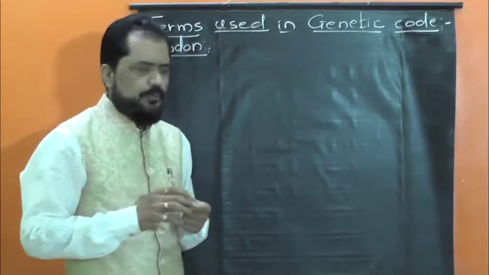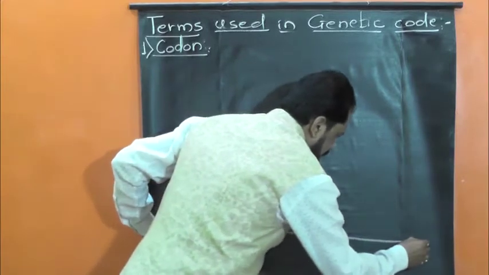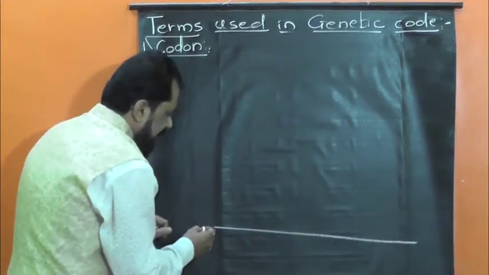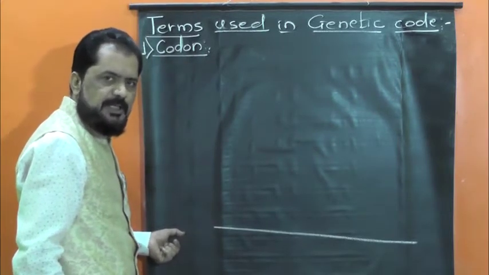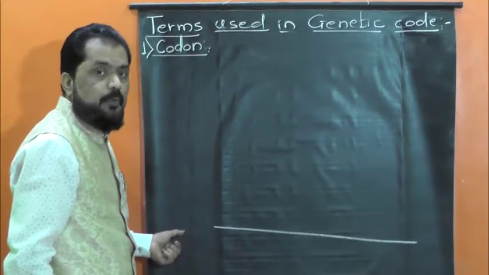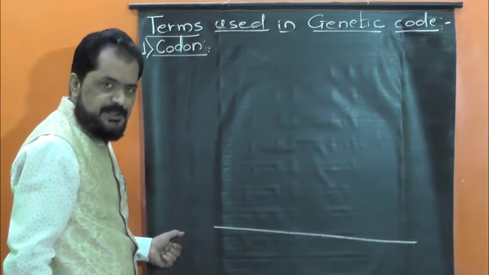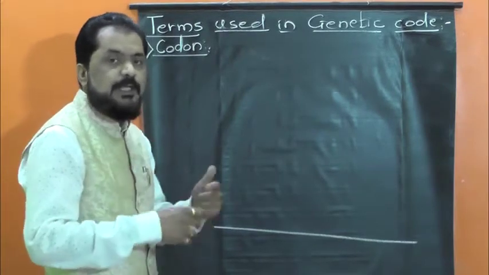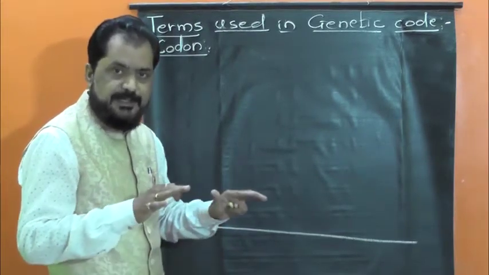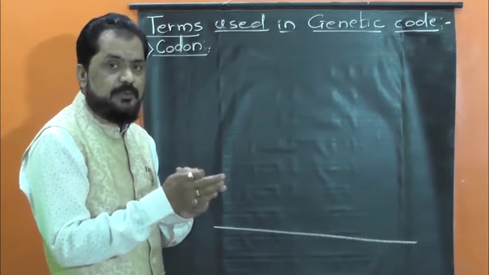All of us know that the messenger RNA is single-stranded and linear in structure. It means that messenger RNA is made up of only a single strand of ribonucleotides. It is linear, means it does not show coiling upon itself, and hence there is no question of complementary nitrogen bases.